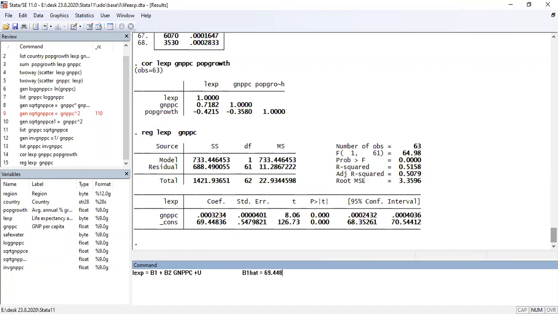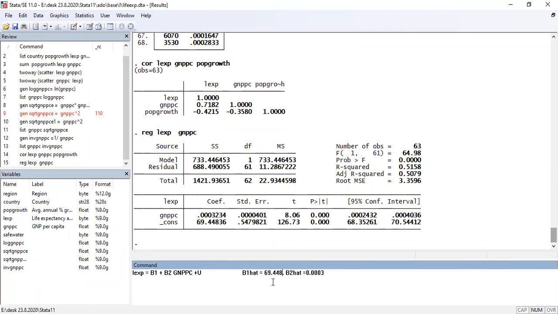And beta 2 hat was 0.0003. I used the formulas in the software and it gave you these results. So can anybody explain beta 1 hat here? How do you explain this number, 69.448?